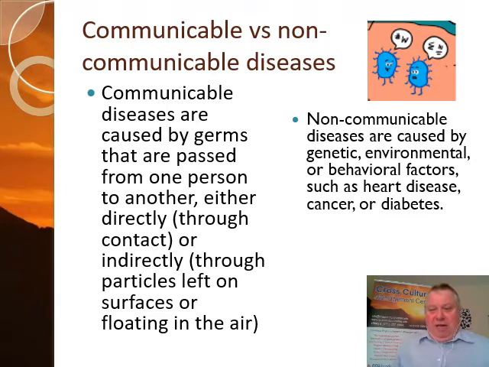Hey, not me. So these things can cause heart disease, cancer, or diabetes. They're not contagious. That means just because I have a bad eating habit, that is not going to cause you to be sick, right? Unless you eat the same food I eat, right? So me having a heart attack is not going to cause you to have a heart attack. It doesn't communicate to other people.